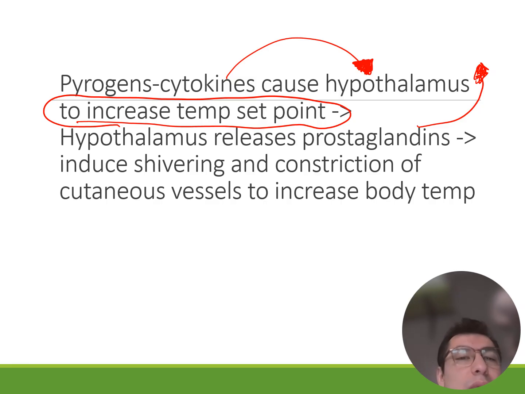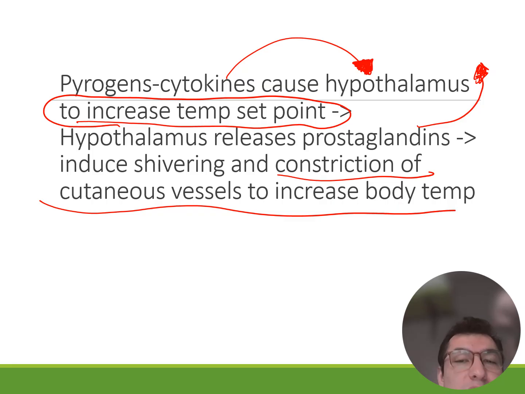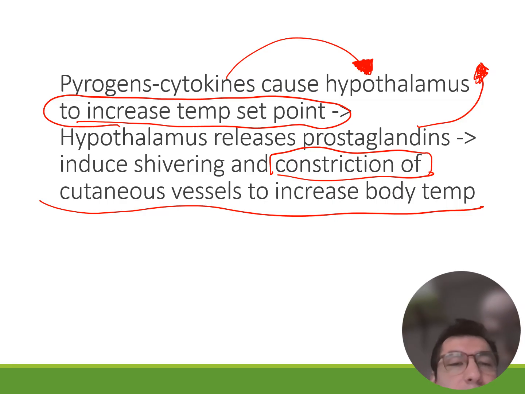How is it that we increase body temperature? We increase it by constricting the periphery, the cutaneous blood vessels, and bringing blood to our vital organs, and we induce shivering. So when we're shivering, we're utilizing muscles to break down molecules to increase heat. So we have that cold and clammy feeling.